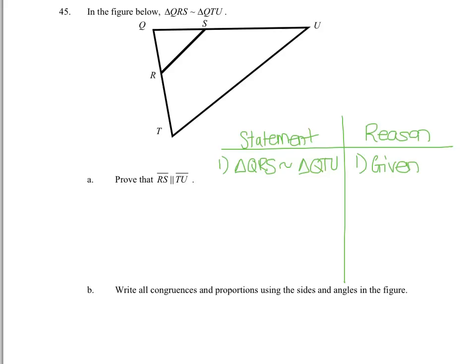If two triangles are similar, then we know that their angles are congruent. All right, so we can pick one of these. I'll pick angle QRS is congruent to angle QTU.